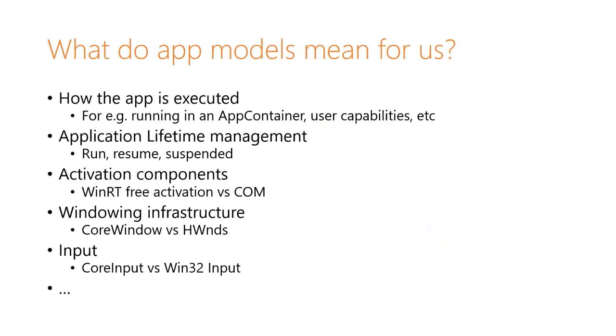So this brings some challenges because, for example, the most important is about the windowing infrastructure. You know that in Win32 we are dealing with HWNDs for windows, and on UWP we have some kind of abstract interface or object like CoreWindow. Basically, it's just one unique window.